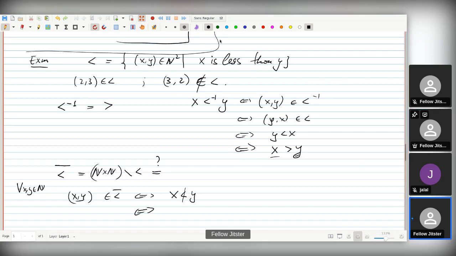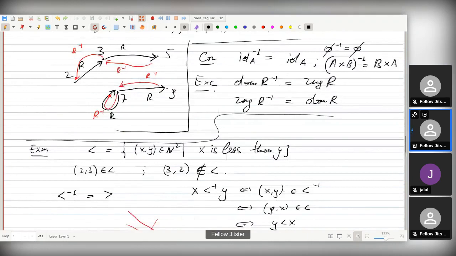X is greater than or equal to y. Do you agree? Yes. If it is not less, then it is greater or equal. So the complement is just greater or equal. Clearly, these are distinct, they are different. Hence, the complement and the converse are different things. Is this idea clear? Yes.